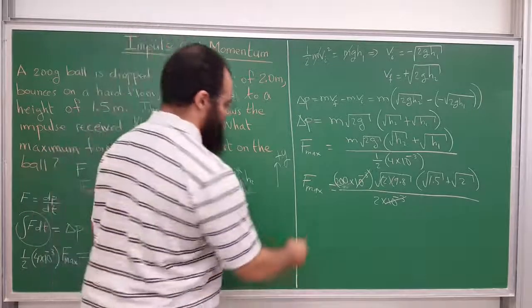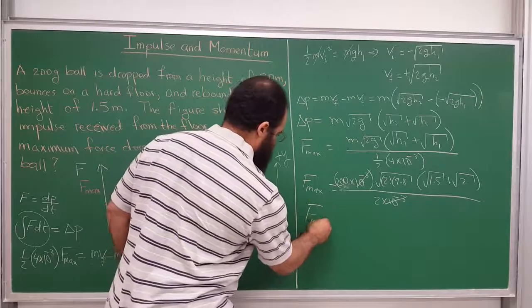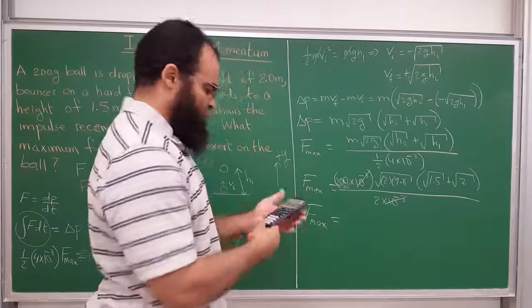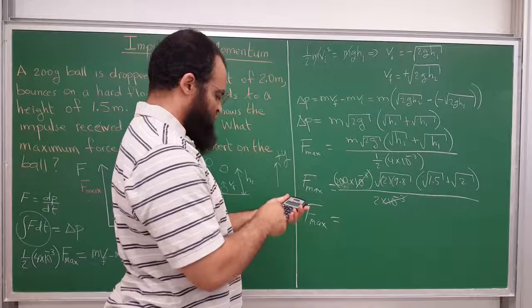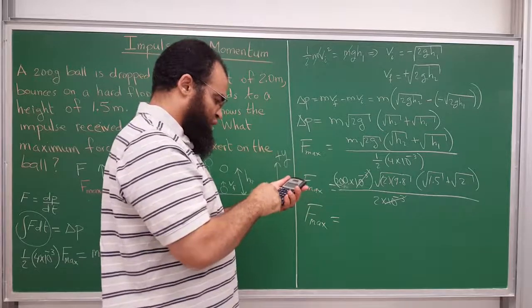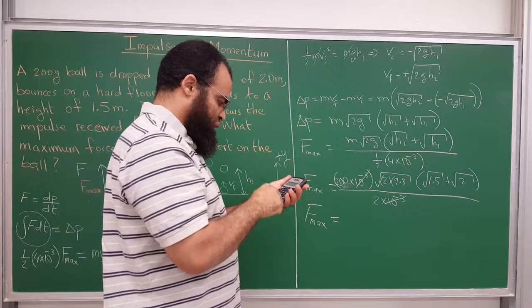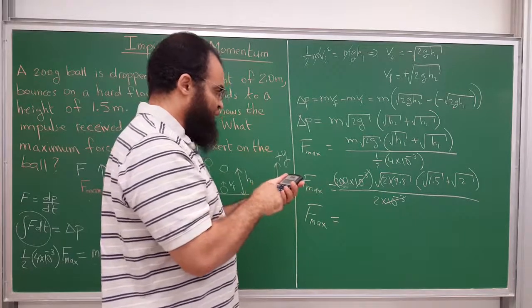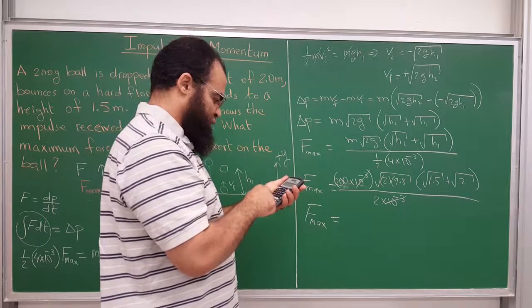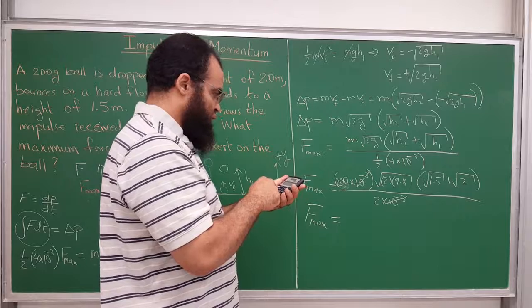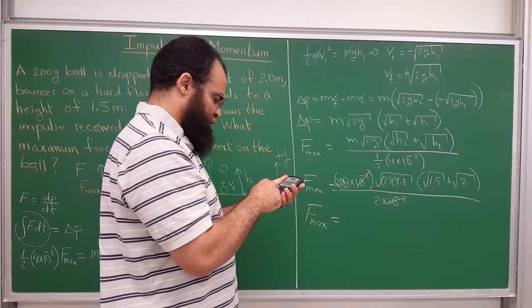And so we find that F max. Let me plug in the numbers. I'll start with those square roots. The square root of 1.5 plus the square root of 2, times the square root of 2 times 9.8.